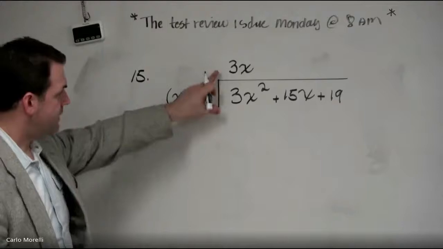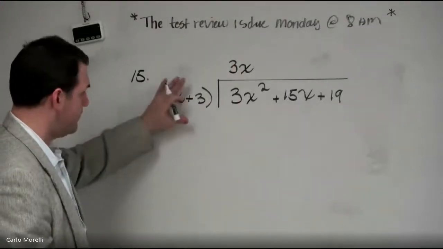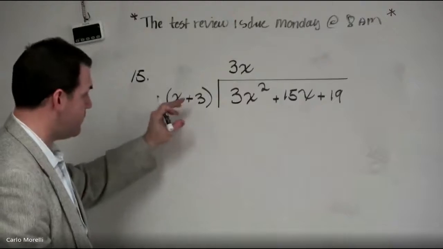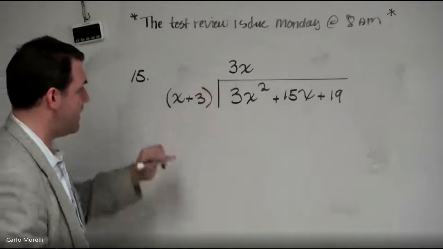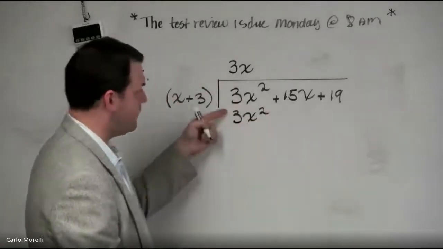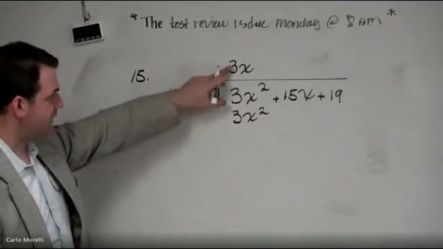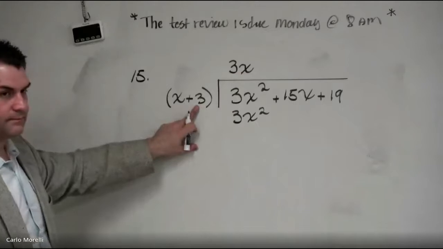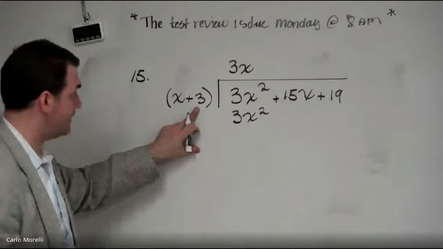Now, you have to multiply 3x through this, what's called a binomial, because it's got two terms, using the distributive property. So in your mind, you do 3x times x, 3x squared. Write that directly below the 3x squared. And then in your mind, multiply 3x times 3, positive 9x, right?